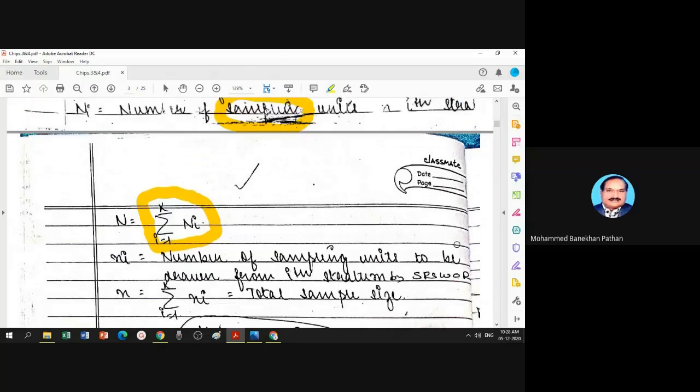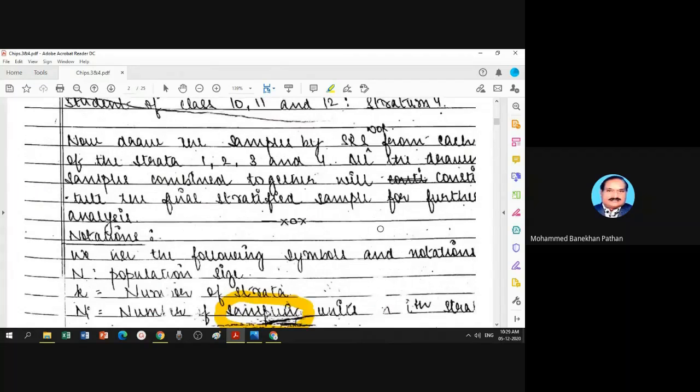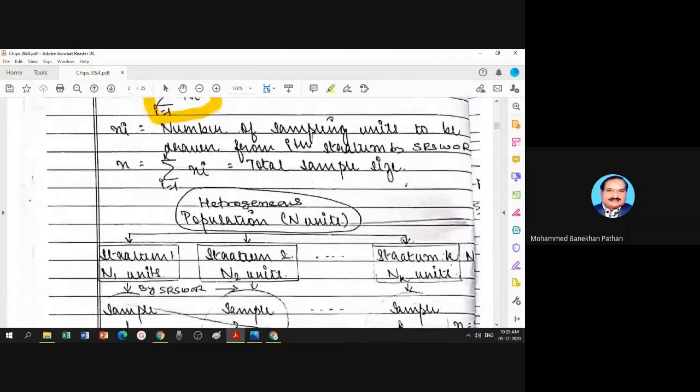That means in this example, you pick up n1 students from strata 1, n2 students from strata 2, n3 students from strata 3, n4 students from strata 4. Then you combine all these students, you get a stratified random sample. Summation of small ni, i from 1 to k, that is the total sample size.